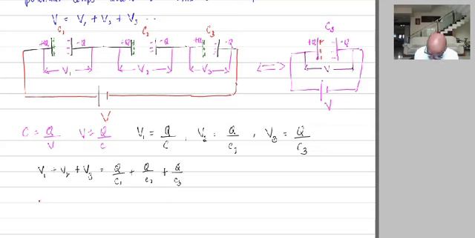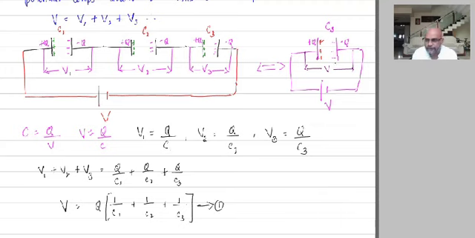Again, V1 plus V2 plus V3 according to our condition is nothing but V. Here I can take Q common. So what remains is 1 divided by C1 plus 1 divided by C2 plus 1 divided by C3. Call this equation number 1.